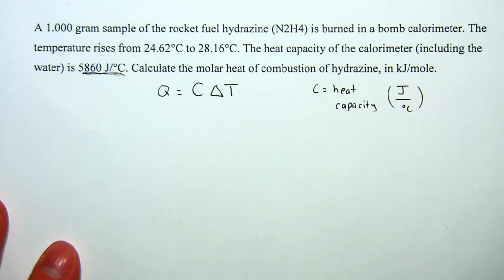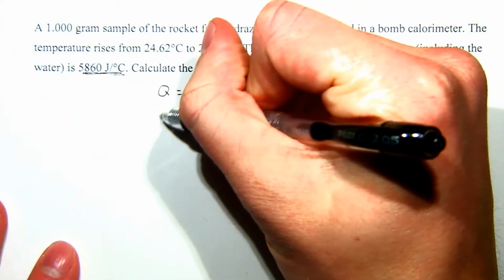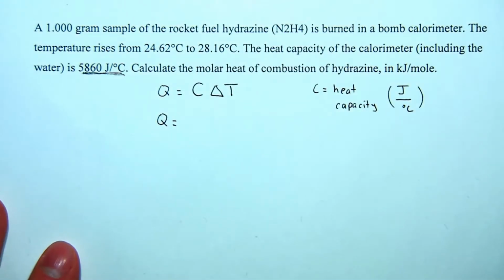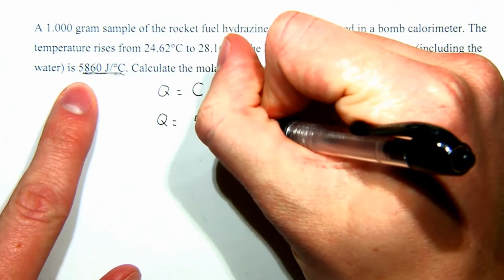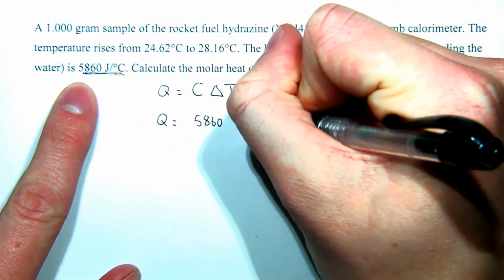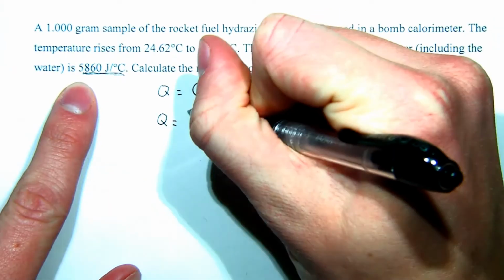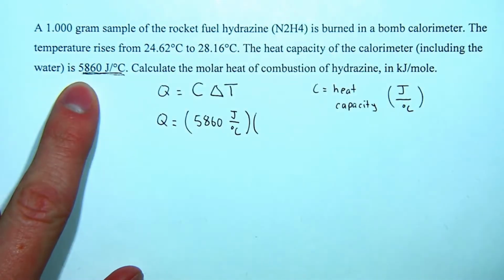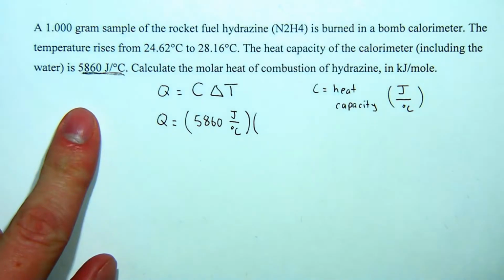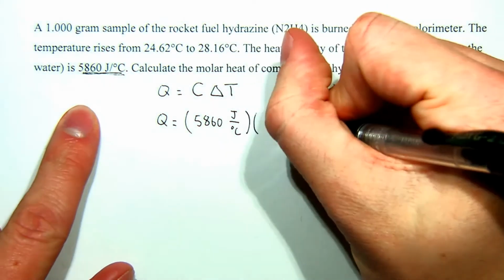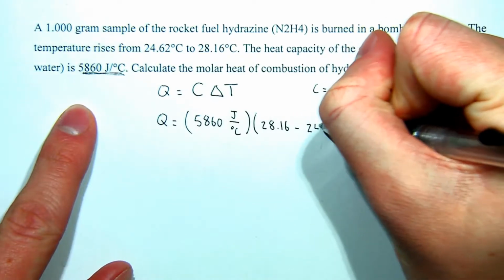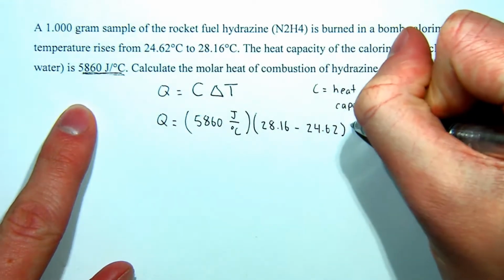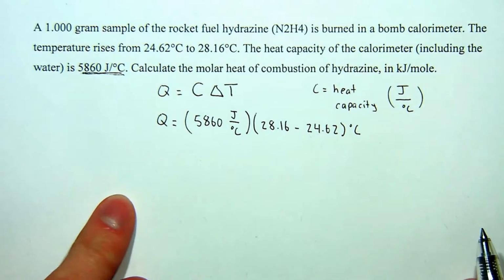So we want to find Q, which is the energy released from burning this fuel. So the C, we're told, is 5,860 joules per degree Celsius, and the change of temperature, which is final minus initial, so 28.16 minus 24.62, and that's degrees Celsius.